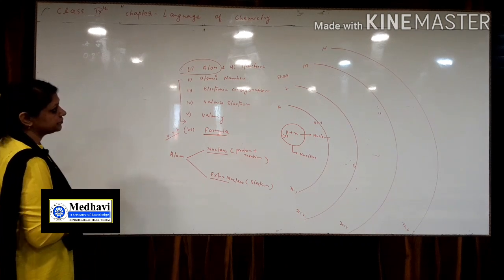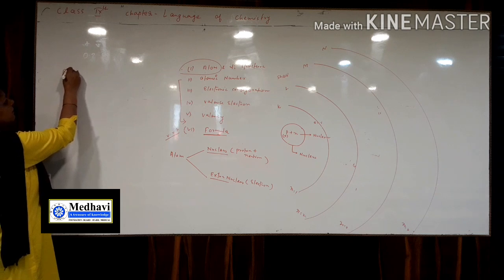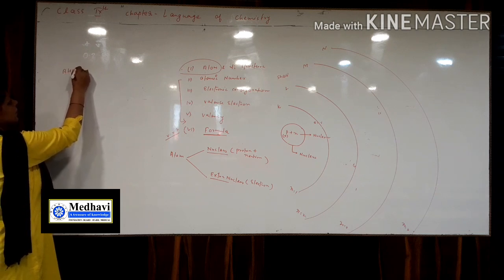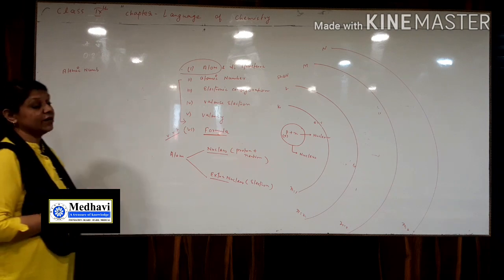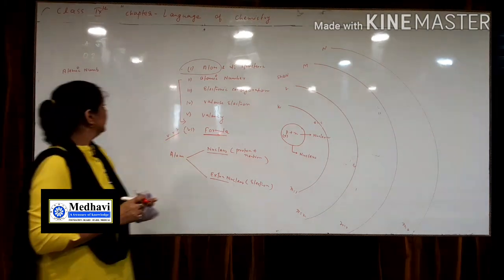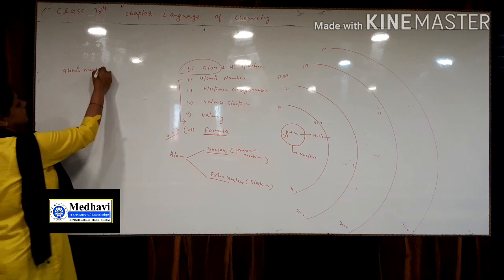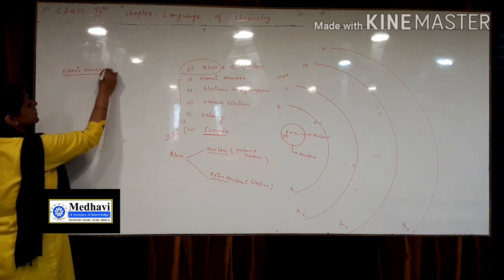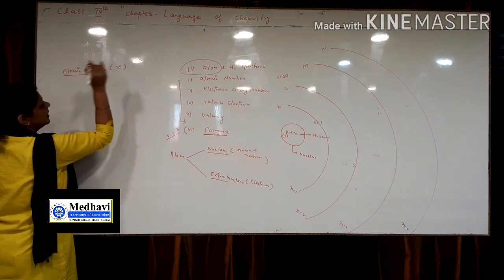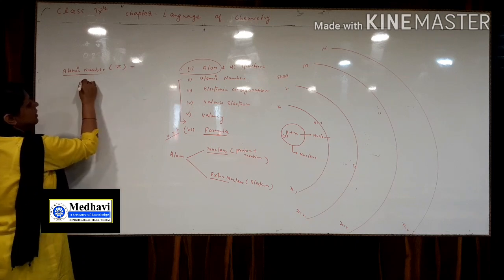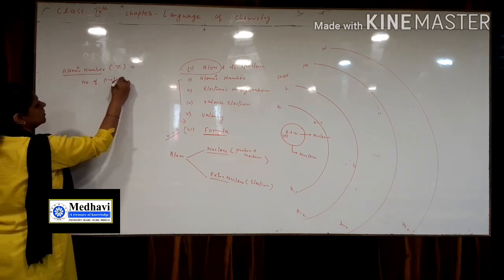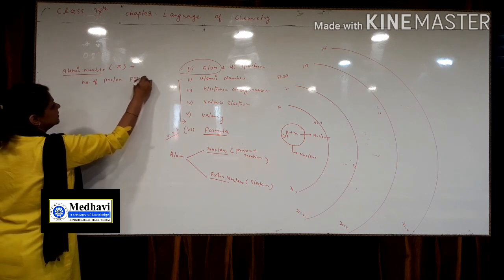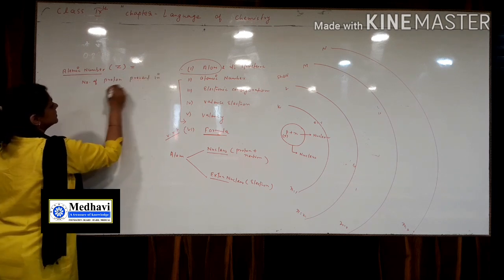Now what is atomic number? This is a very important part. Often students get confused between atomic number and mass number. Atomic number is represented by the symbol Z, and this is equal to the number of protons present in the nucleus.